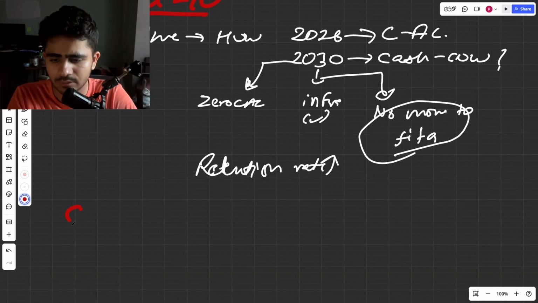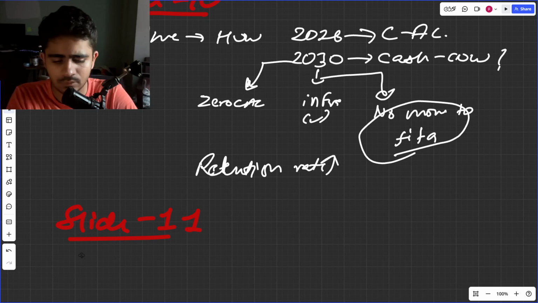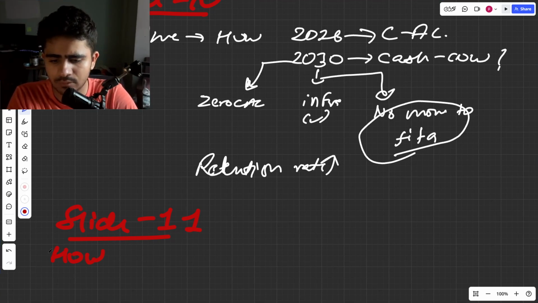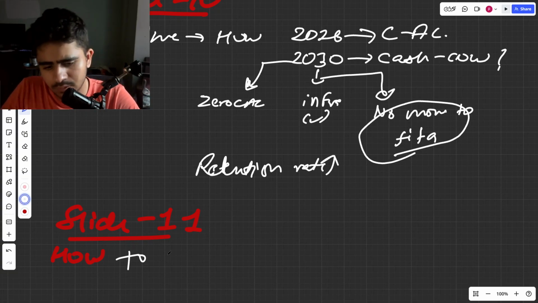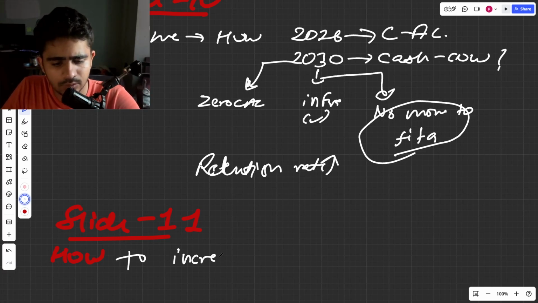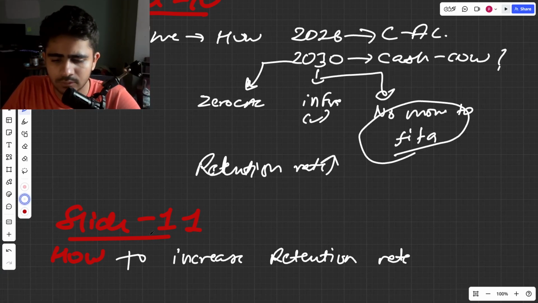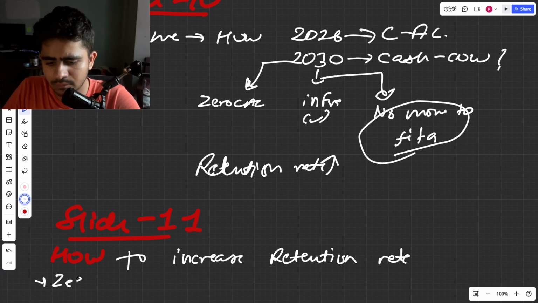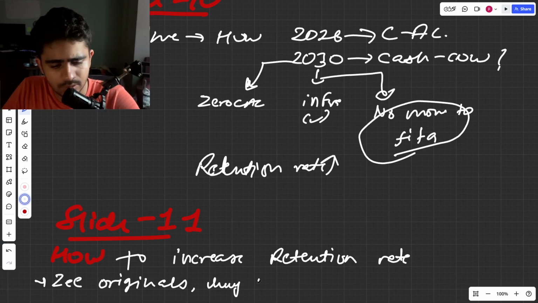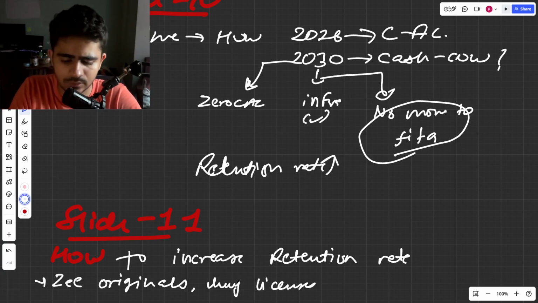11. How to increase retention rate. Bring in the originals, buy licenses.